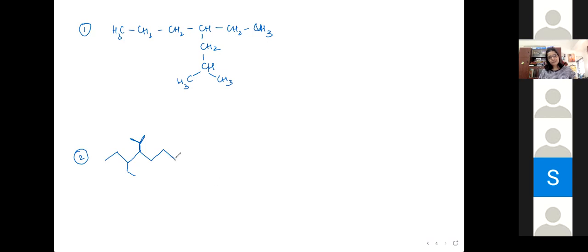Kaveri, first one, check the numbering. Rishit, yeah, you got it. Smera got it. Ritu, is that the first one? Yes, ma'am. Check your longest chain. There's a longer one.